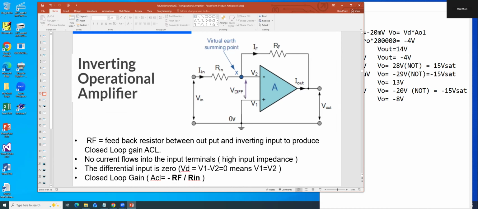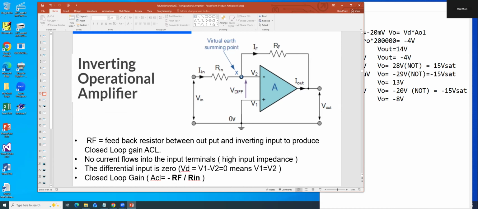The thing is, input 1 is root, input 2 will be root. So this current flows to the point here. It cannot go into the op amp, high input impedance. It cannot go down, same potential. But the potential difference between V2 here and V1 here is basically zero, so they are routed, but it is a virtual root.